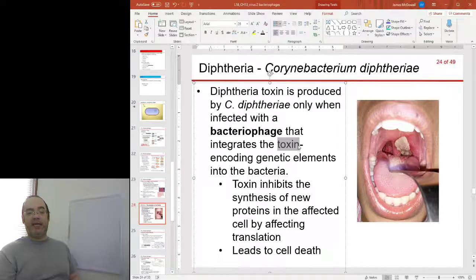And more specifically, the bacteria is given the gene as the bacteriophage incorporates its DNA as a prophage. And now the bacteria has this new set of genes. One of those genes is transcribed and translated into the toxin, and it's the toxin that goes on to harm the person.